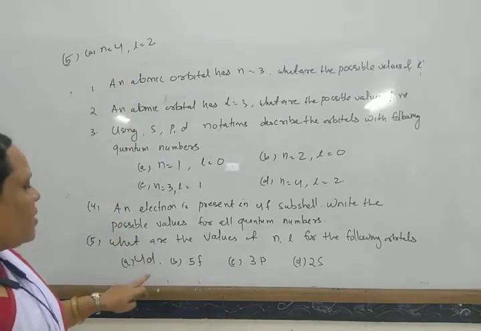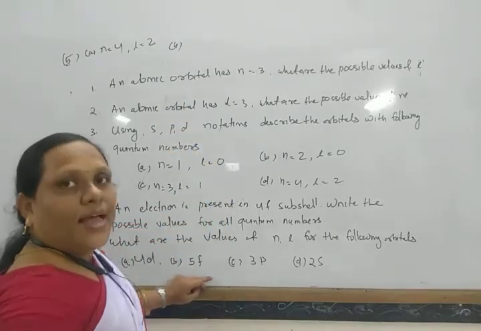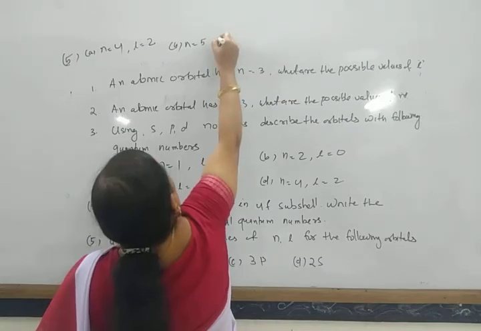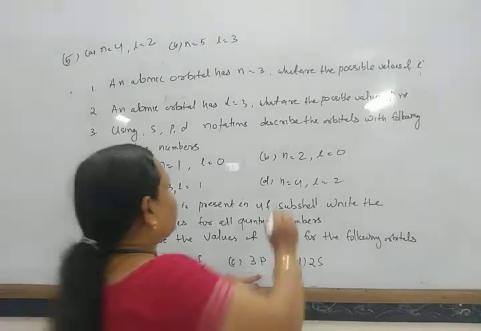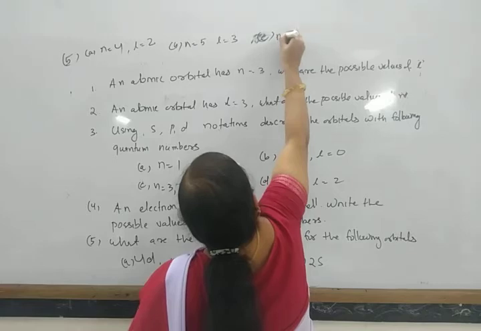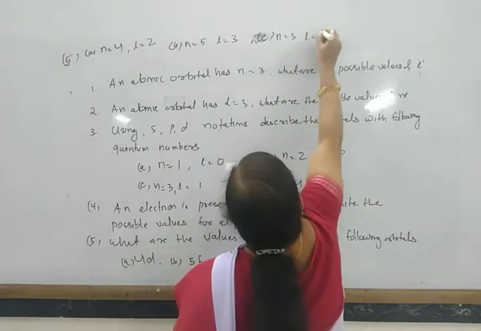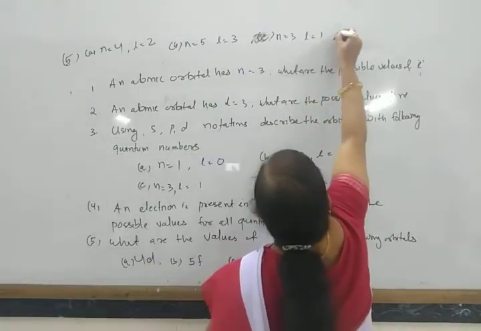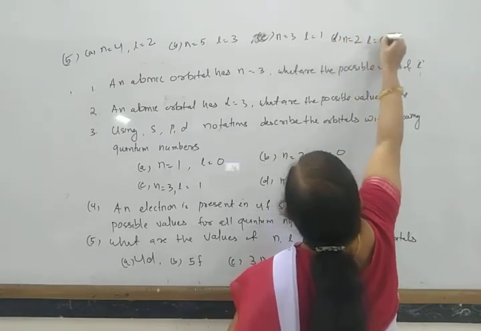Then 5f means n equal to 5 and l equal to 3. 3p means n equal to 3 and l equal to 1, and 2s means n equal to 2 and l equal to 0.